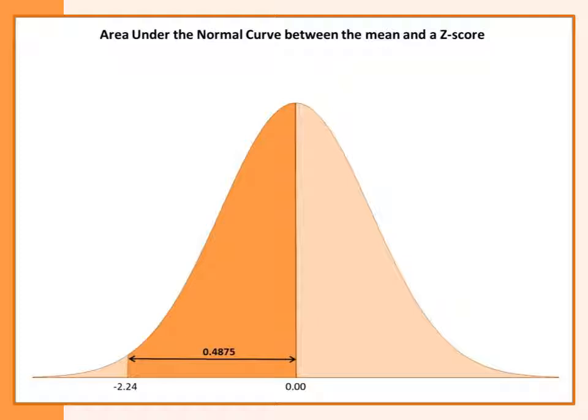Drawing our normal curve, we see -2.24 falls a good distance to the left, or away from the mean of 0, and the area that's darkened that falls between a z-score of -2.24 and 0 is 0.4875.